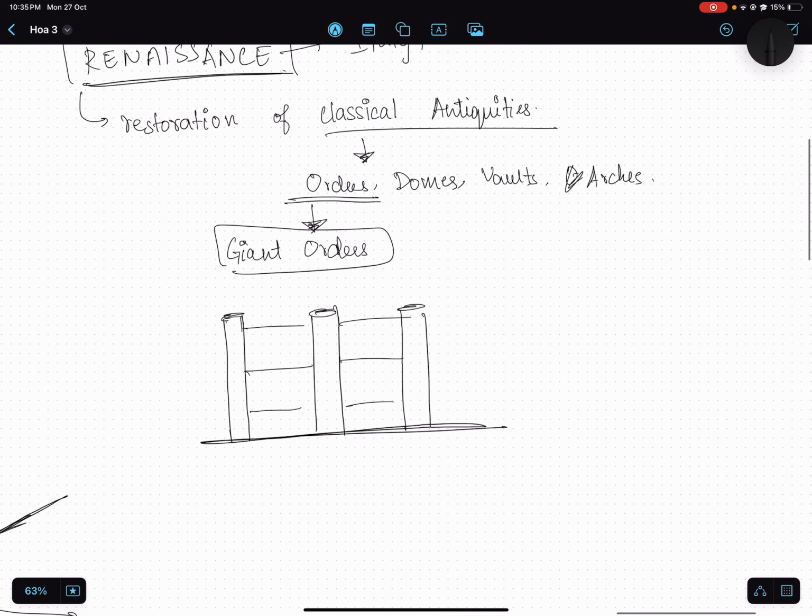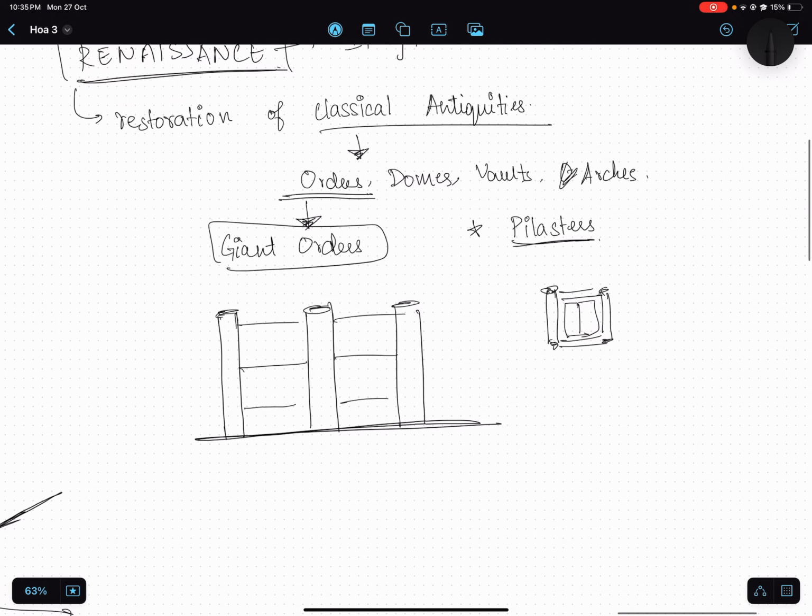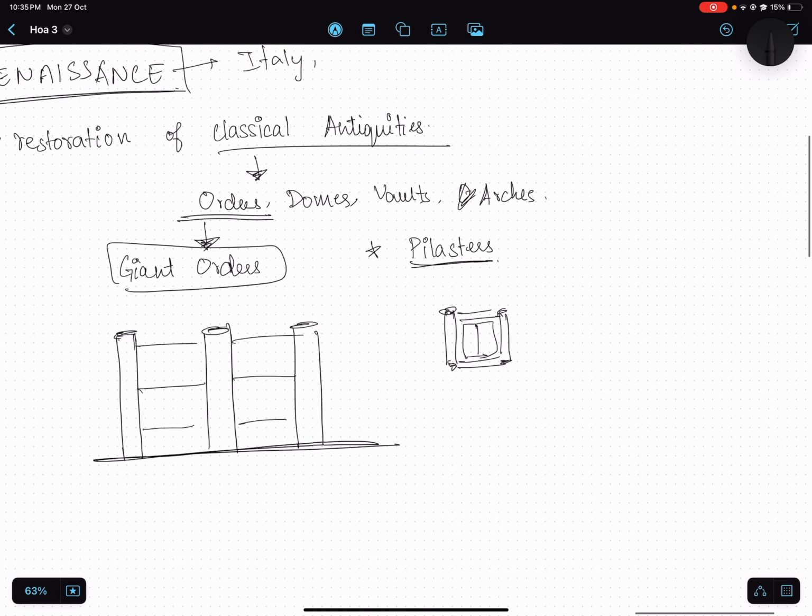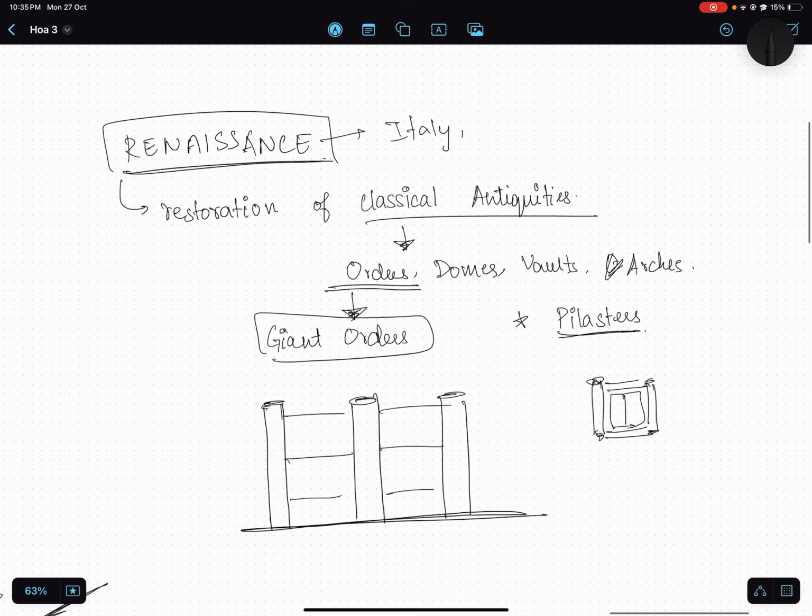Then they used pilasters in a lot of places, even in windows. Like this is your column, and this was their window. So even there they used a lot of pilasters. And since Renaissance also had to do a lot with art and painting, remember that they strived to create picture perfect perspectives.